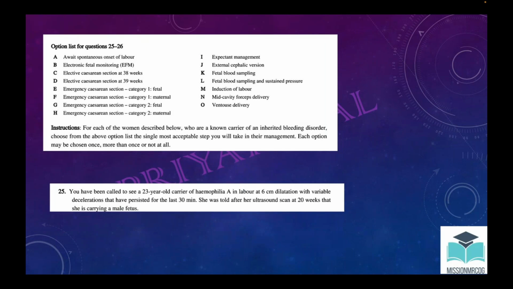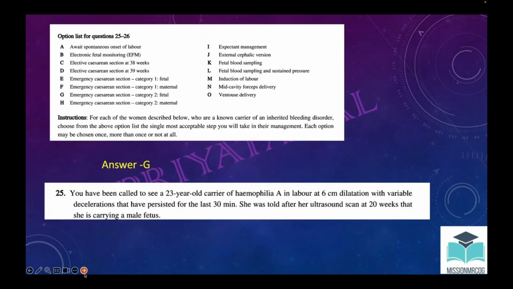Option E. Category 1. Variable decelerations are there, so you can do category 2.